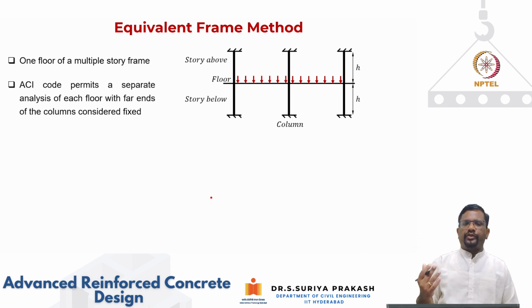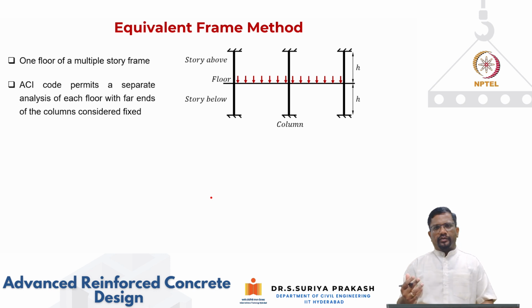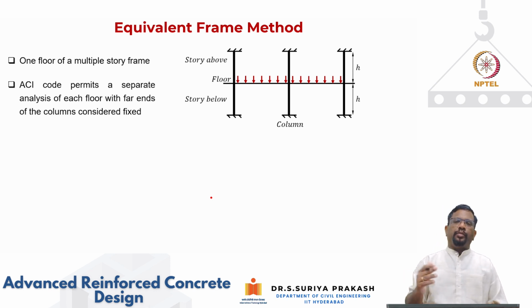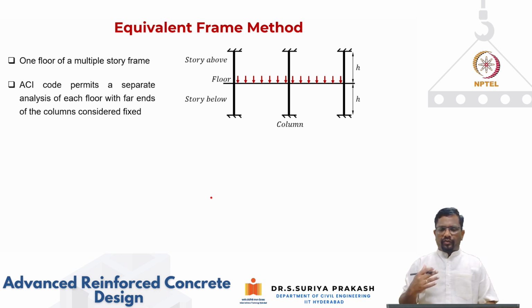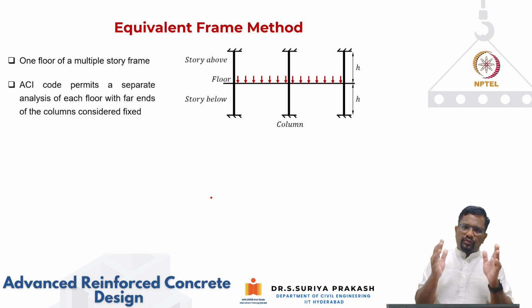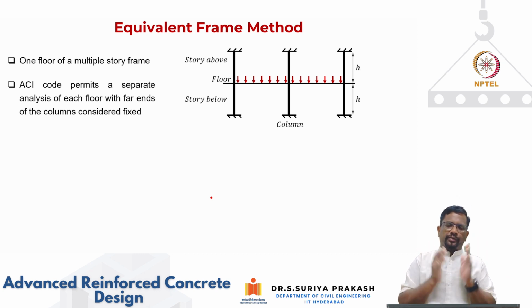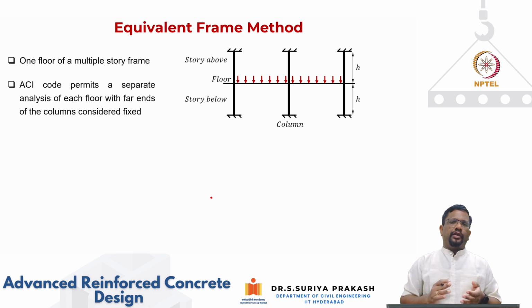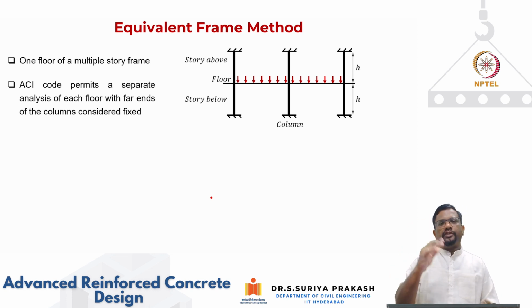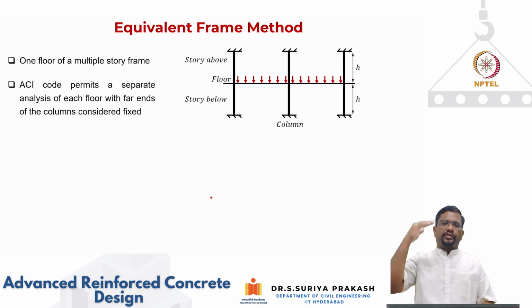Different floors can also have different slab panel systems, but typically you try to keep the same floor system or the same slab system for every floor. Then what we do is, if you do analysis for one particular substitute frame, then this design is going to be the same because the column positions are not going to change. If they are going to change, of course, we have to do that particular floor differently. Because once the column positions are fixed, then the typical floor arrangements are going to be nearly the same.